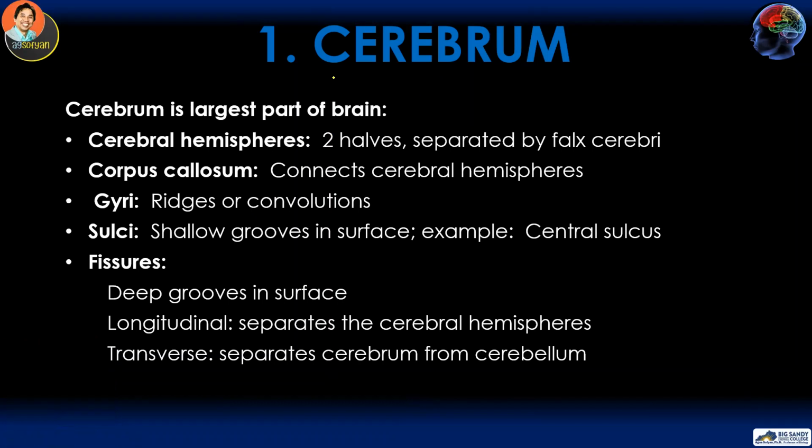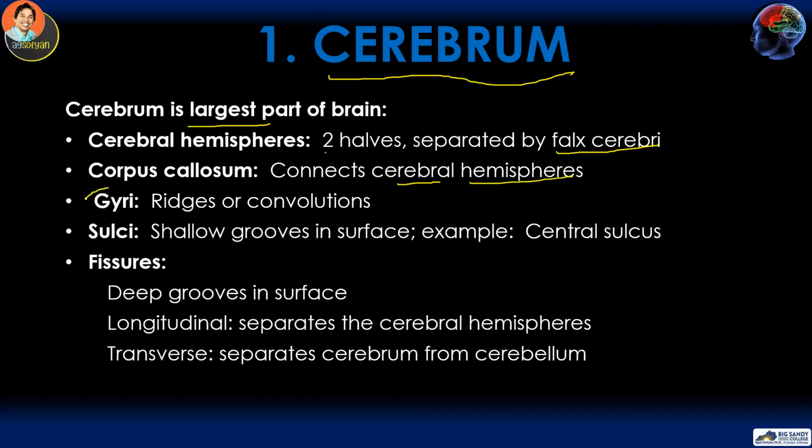Okay, we start with the first and biggest part of the brain, the cerebrum. This is the largest part of the brain, consisting of two hemispheres, left and right. They are separated by tissue called the falx cerebri. The corpus callosum is the tissue that connects the two cerebral hemispheres.